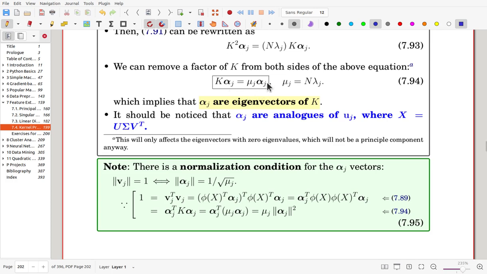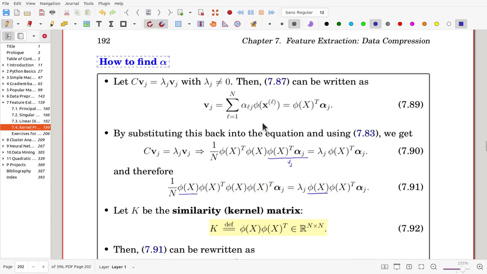So the norm of the eigenvector alpha_j will be 1 in computation, and once you use alpha_j in that formula, you have to give some extra scaling factor. If that norm is 1, you will have to scale appropriately so that v_j is computed correctly.